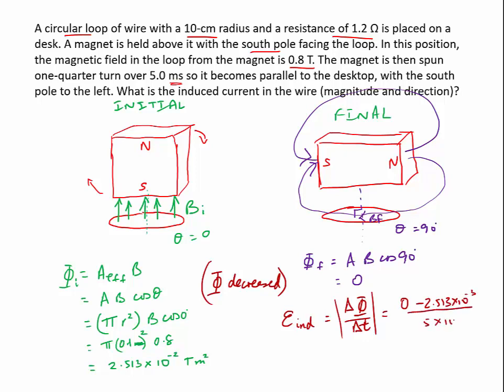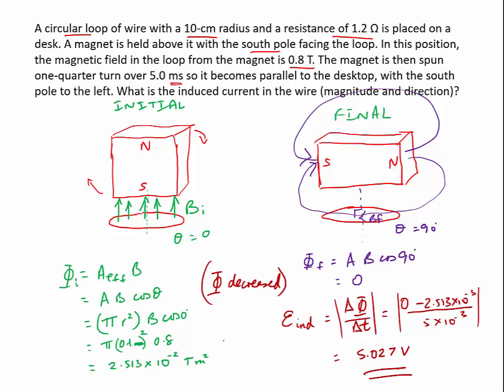So that'll be 5 times 10 to the minus 3 seconds. And since we only care about the absolute value, we will get a value here of 5.027 volts. Weber per second, or Tesla meter squared per second, is the same as volts.